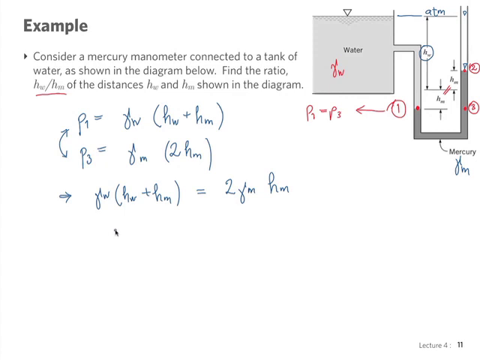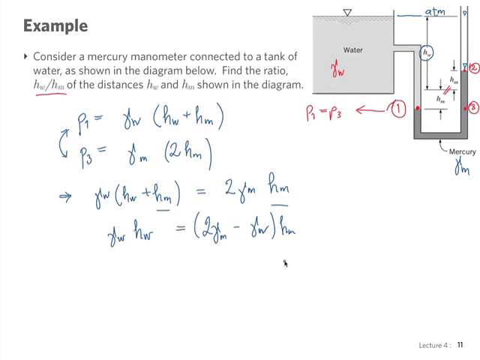So I'm going to collect together the terms that have HM on the right hand side, and I will write gamma W HW is equal to, and I have HM multiplied by this that I brought from this side and this over here. So 2 gamma M minus the one that I brought from the other side, which is gamma W, water.